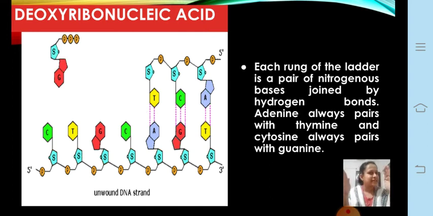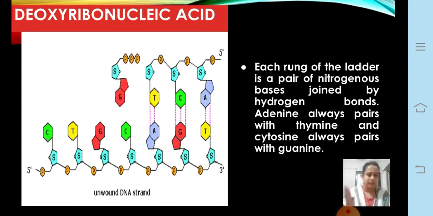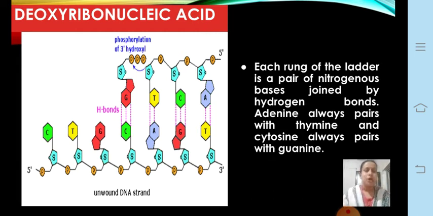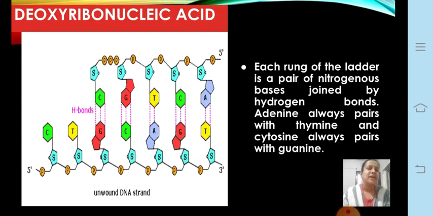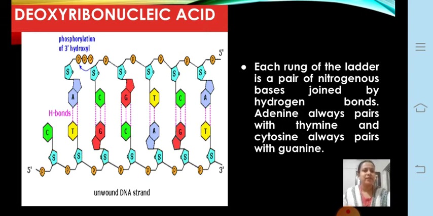Here adenine is there, thymine will be. Here thymine is there, adenine will be there. Cytosine is there, guanine will be there. Guanine is there, cytosine will be there. So like this pairing takes place in the DNA, and the structure of DNA is formed. This process is also called replication, which you need not study now because it is at a higher level that you have to study it.